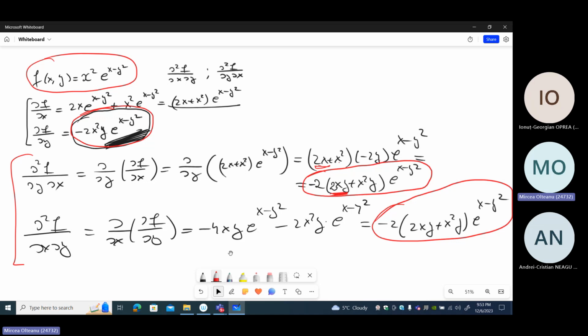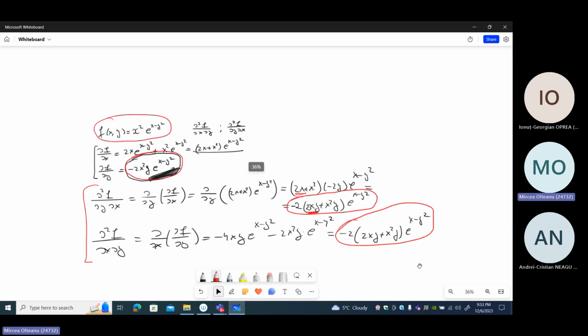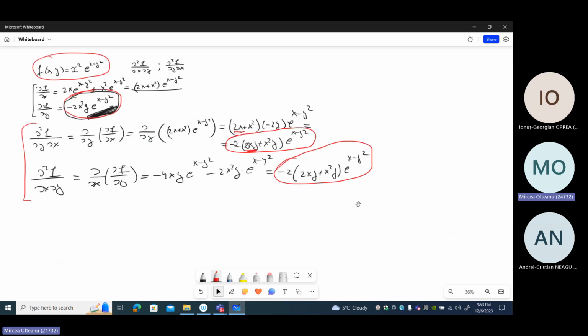Well, actually, this result is not always true, but we will see it in the lecture in the theory. We shall work only with functions with this property. This is true if the partial derivatives of the second order are continuous, and for us the usual functions have this property.